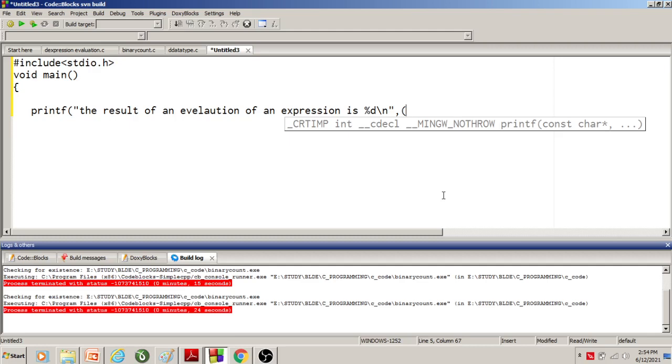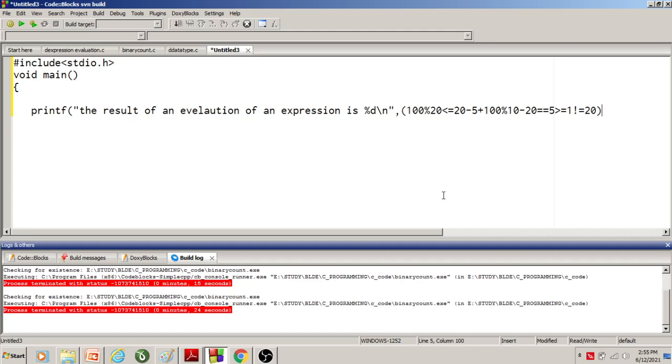Let us check what result will be generated. That is 100 mod 20 less than or equal to 20 minus 5 plus 100 mod 10 minus 20 double equal to 5 greater than or equal to 1 not equal to 20.